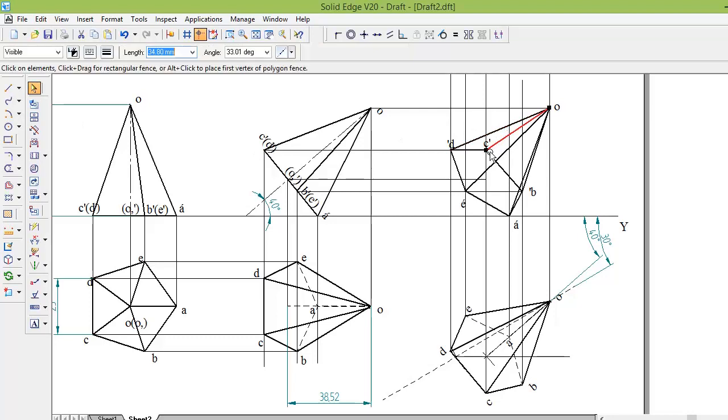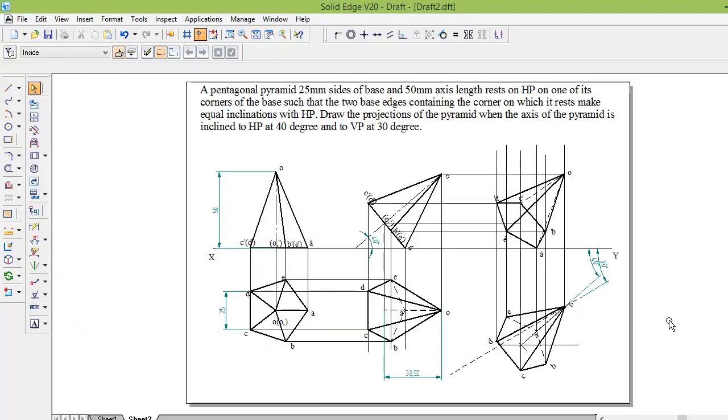In this case, O dash C dash and O dash A dash are hidden lines. Okay, so this is your pentagonal pyramid problem. So trim for neatness.